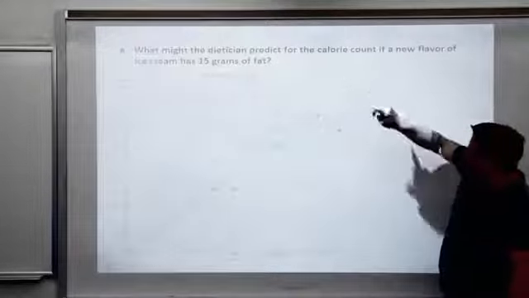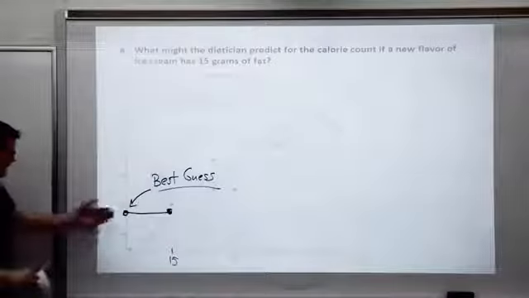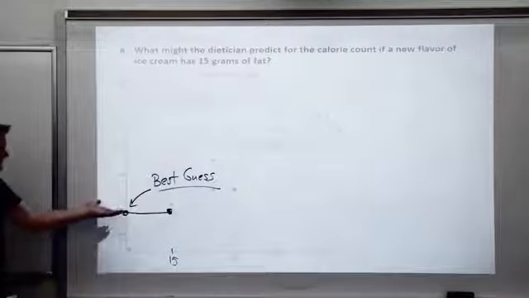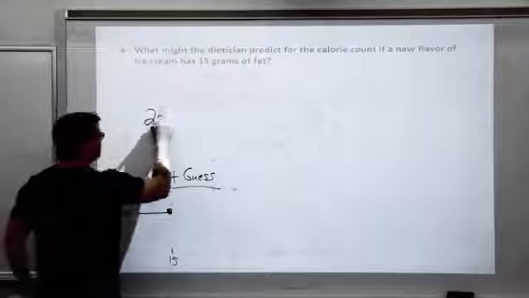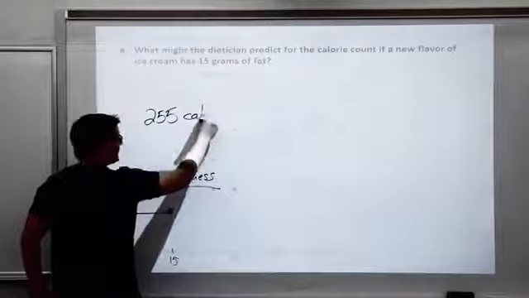Since this is the intro video, let's just eyeball it. 15 grams of fat is smack in the middle of 14 and 16. If I go straight up to the line, there's 15 grams of fat, and if I go straight over, it's probably about in there somewhere. Best guess at this point would be 255 calories.